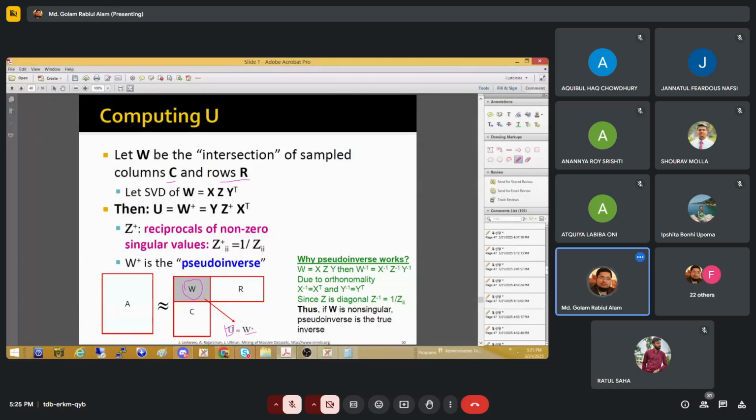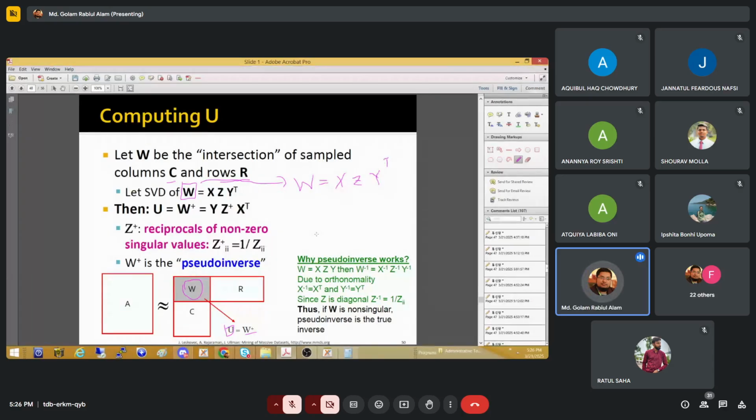What we have to do, we have the W. Now we have to apply the SVD. That means we have to find the SVD decomposition values, the singular value decomposition of the W matrix. If we determine the singular value decomposition of W, then we will get X, G and Y transpose.